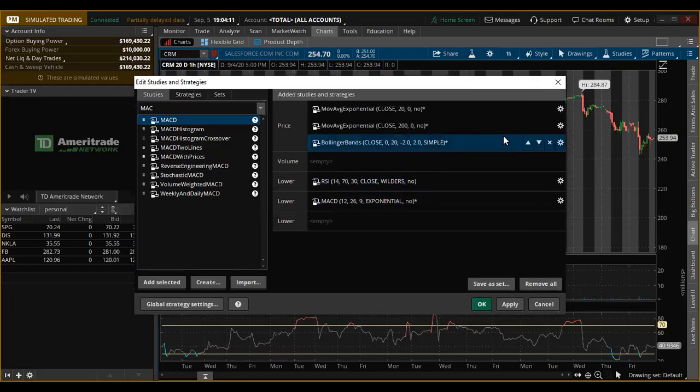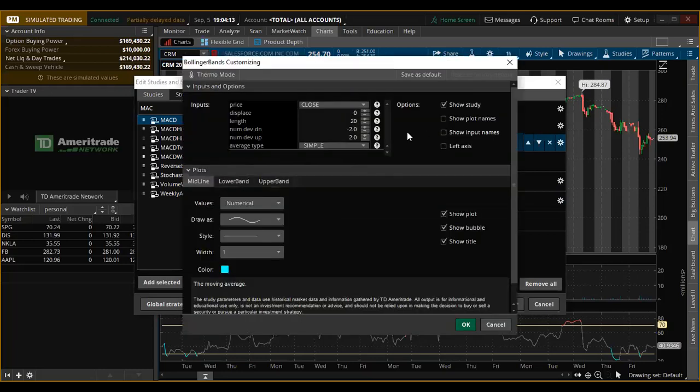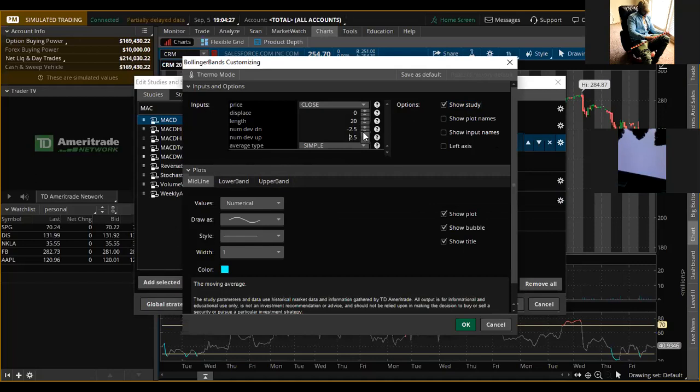And then adjust my Bollinger Bands. So I do 2.5 so I can have a little bit more room to play when stocks are going up and stocks are going down. I feel like when it hits 2, me personally, I think that's too close. So I like a little bit more room to play with.